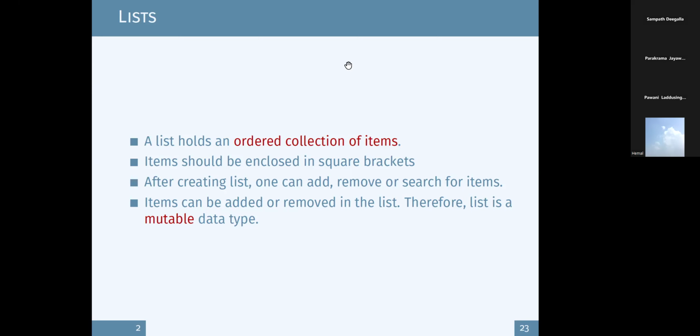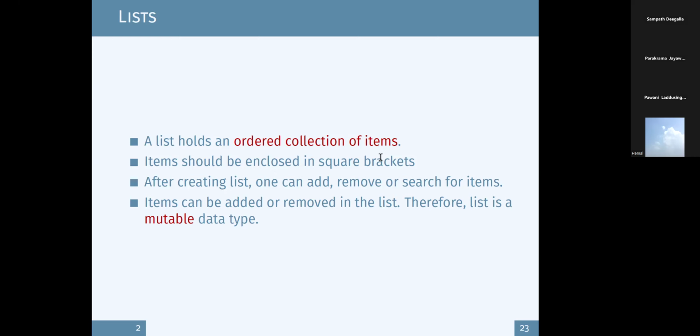In the list data structure, you can store a sequence of objects. These are what we call ordered collections, so you can specify an order.